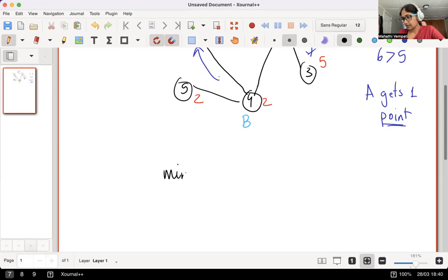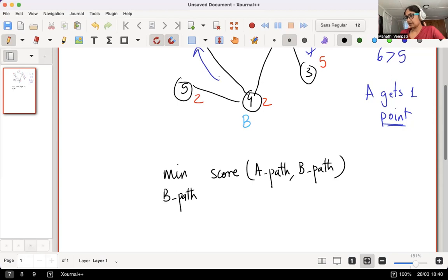So minimize over B paths the score of A path comma B path, and then maximize this over all A paths.